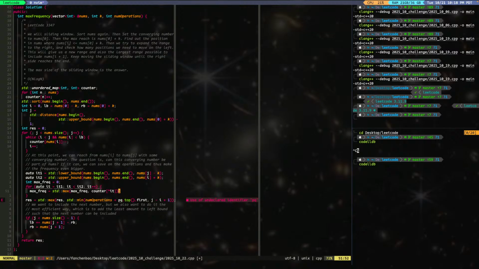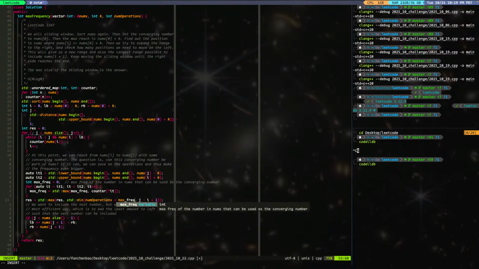So this is the max frequency of the numbers in nums that can be used as the converging number.